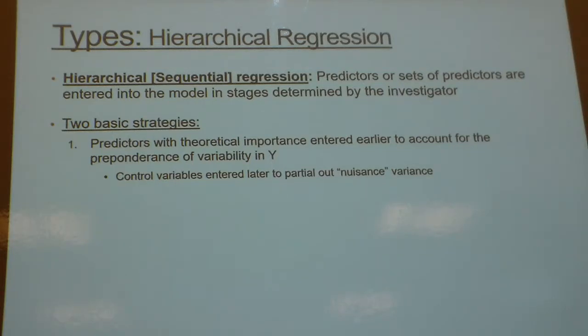One, what we can do is throw in the variables that we think are important into initial blocks to account for whatever it is that we hope to account for, and then enter our control variables later on, just parcel out nuisance stuff, right? So I want to see the relation between x1, x2, and x3 with my outcome, but then I've got x4 and x5 that I just want to check out.